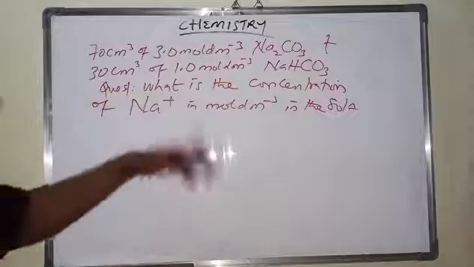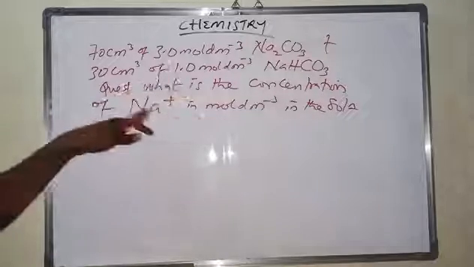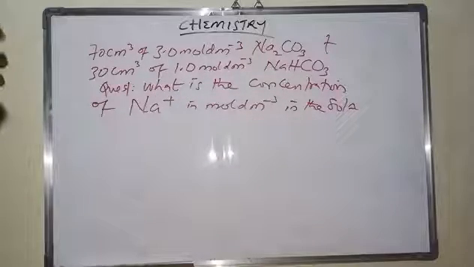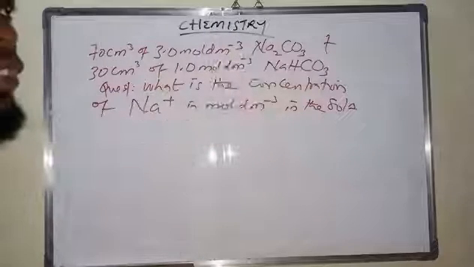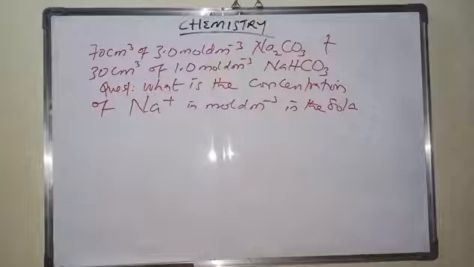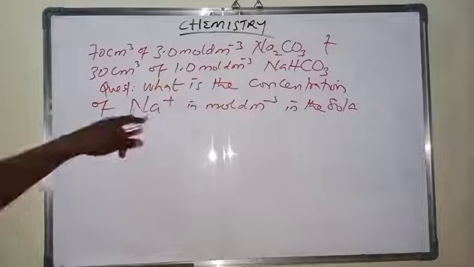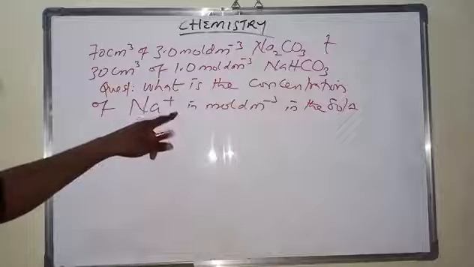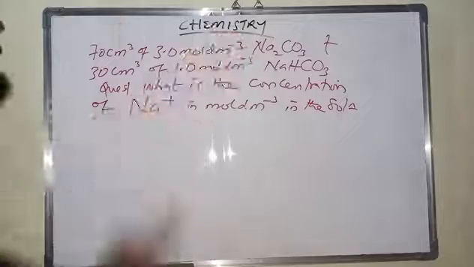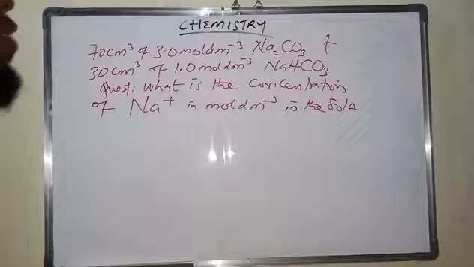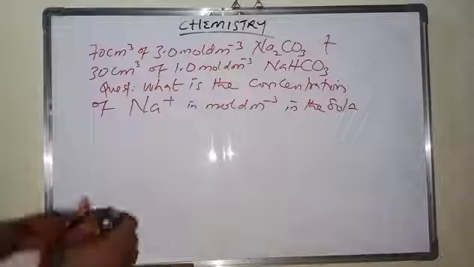But the question is asking what is the concentration of sodium ion in mole per dm cube in the solution. So, if we have these two compounds in a solution, then for us to determine this concentration of sodium ion, these two will have to ionize in the solution, and they do so.